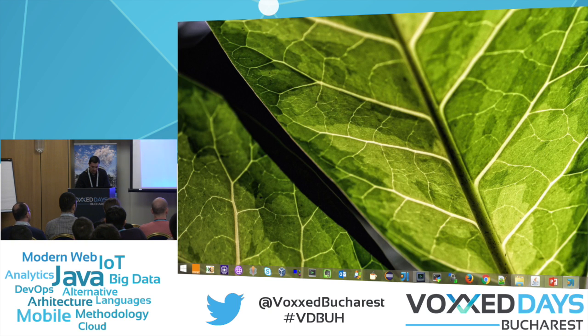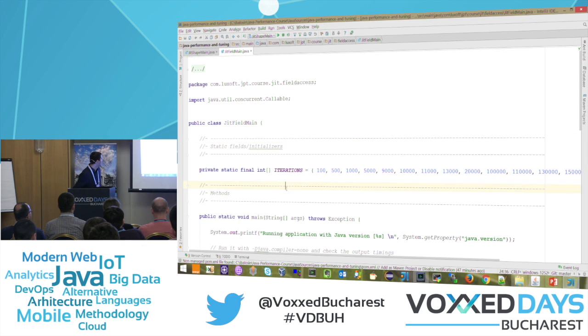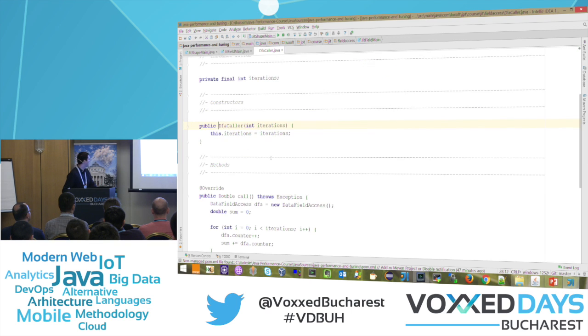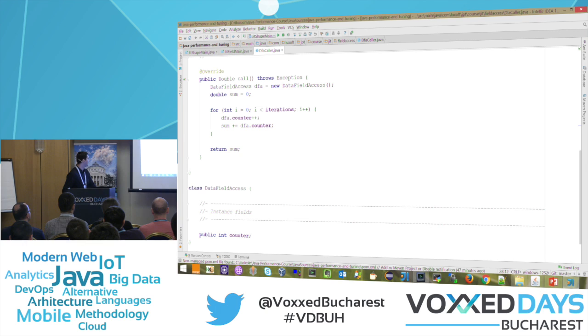Okay, let me switch to the IDE. So what we have here, basically I'm creating two threads. Inside each thread, I'm doing some computation from 0 to 1, so basically I do a sum.